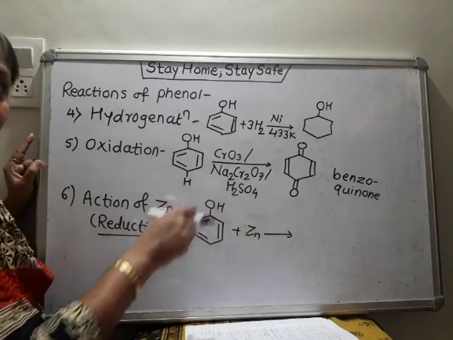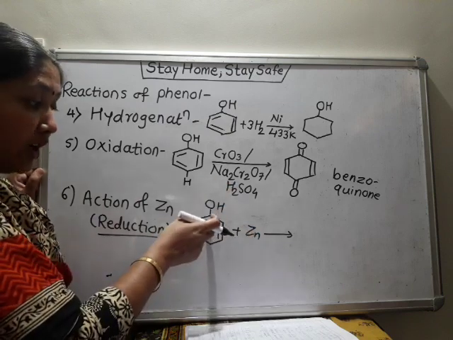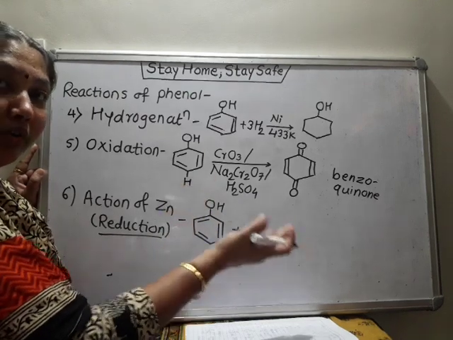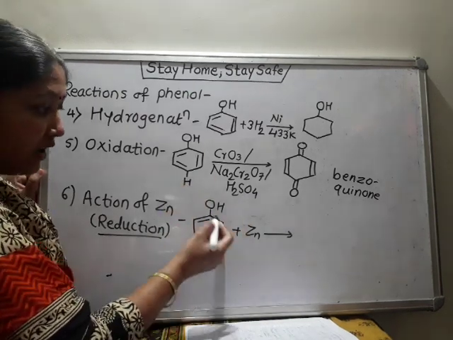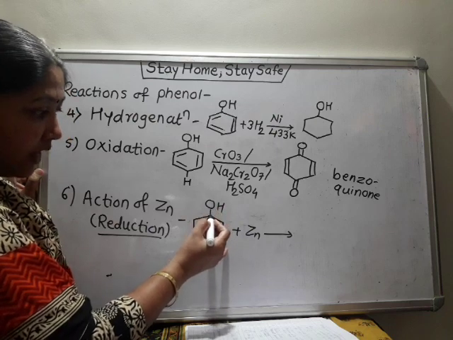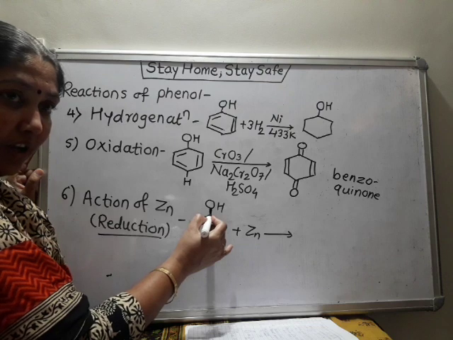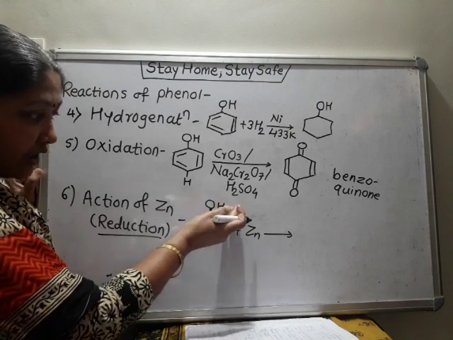So zinc is reducing agent. So it is going to reduce this substance. Reduction means what? Removal of oxygen. So zinc withdraws this oxygen. So here one valency of this carbon becomes free, and that is satisfied by this hydrogen.